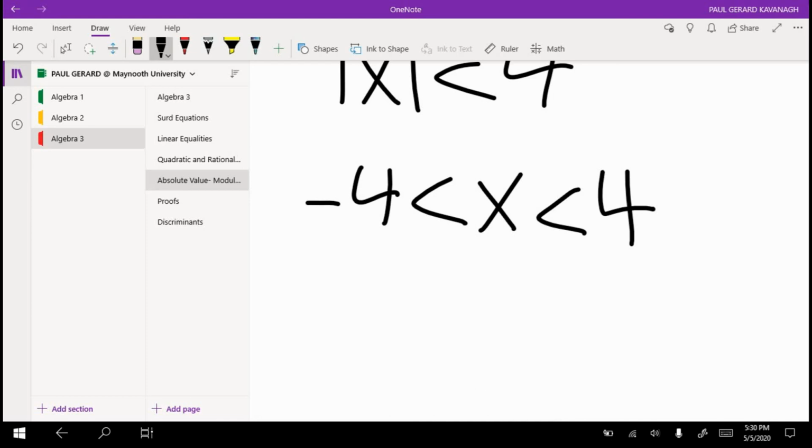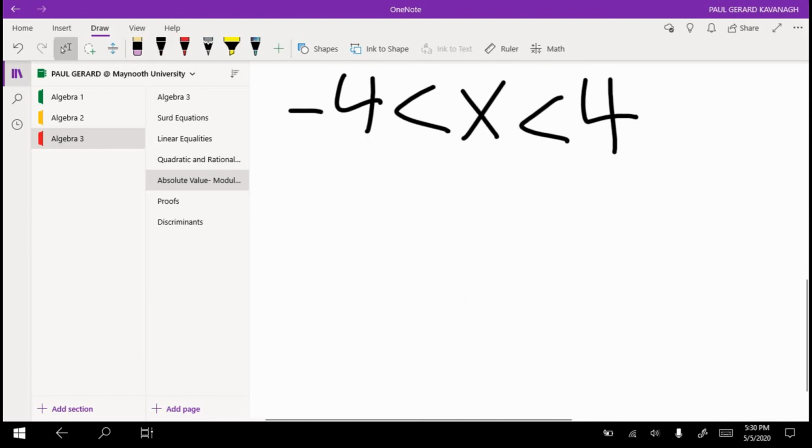If the modulus of x was greater than 4, then it's not going to be within 4 units away, it's going to be more than that. So x is going to have a value that is less than minus 4 or greater than 4 if the modulus is greater than 4. But it is not, so it's going to lie in between. I might have confused you there, I'm sorry.